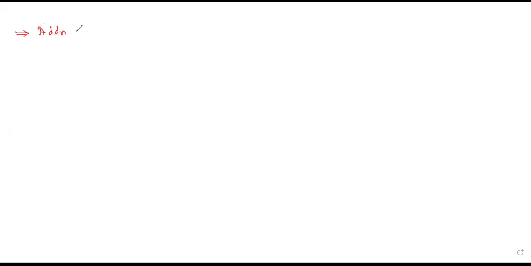Let us see the addition of alcohol. Even this addition is of Markovnikov type, just like the addition of water.